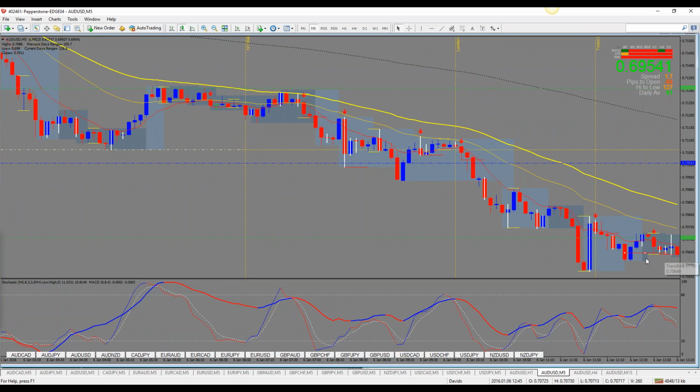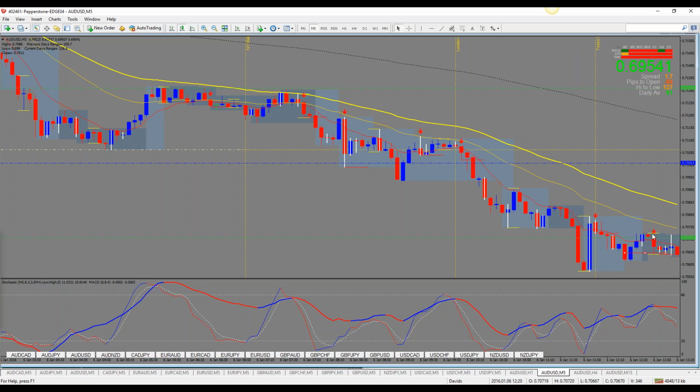Now our stop loss on this trade is that swing high there. That's 15 pips. I'd be comfortable with that swing high right there, 15 pips. I'm also comfortable with this resistance here of 10 pips.